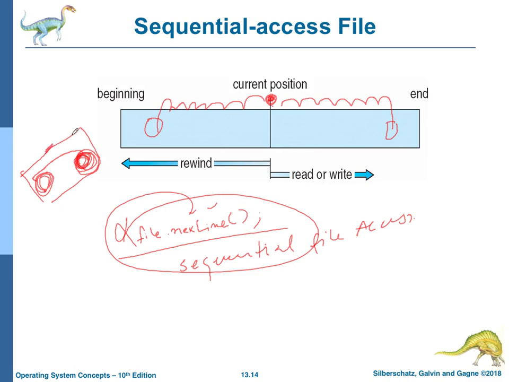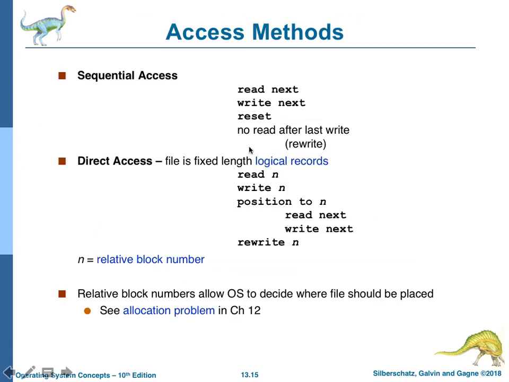So similarly, this is a kind of sequential access where you can access a file in a sequential way. And the methods for sequential access are read next, write next, and reset, right?